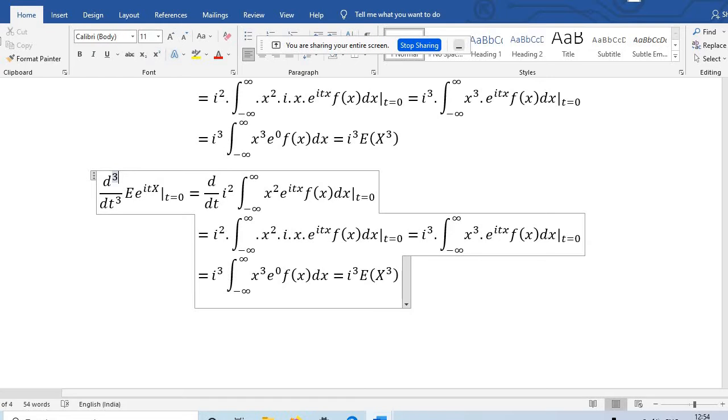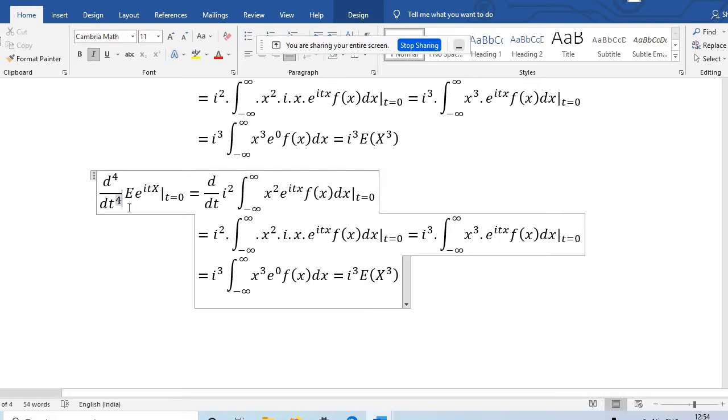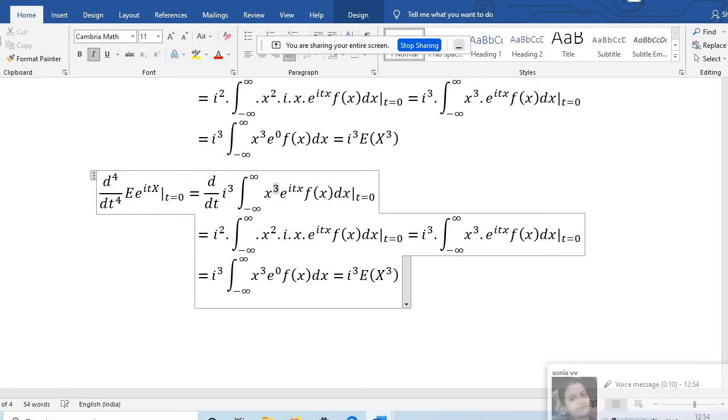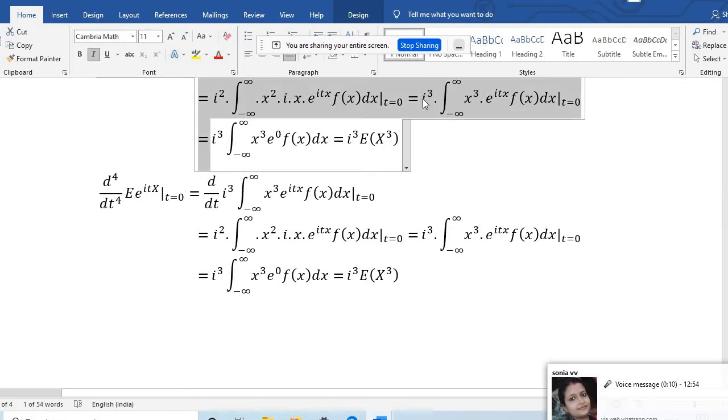Fourth derivative. d raised to 4 by dt raised to 4 expectation e raised to itx at t equal to 0. That is I cube into x to tx f of x dx. Because we have already obtained the third derivative as I cube into, here you can see that this one.